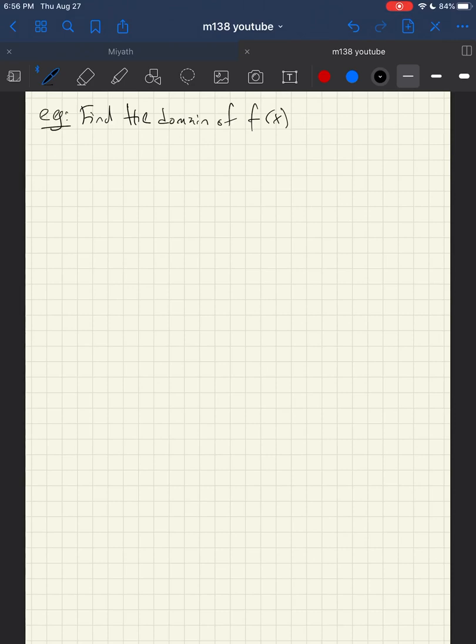So find the domain of f, where f of x is equal to the square root of 3 plus x divided by x minus 2. So I want you to take a minute and look at this and think about what are the classic sort of mistakes that could be made, or what are the ways to break the laws of mathematics when we're analyzing this.